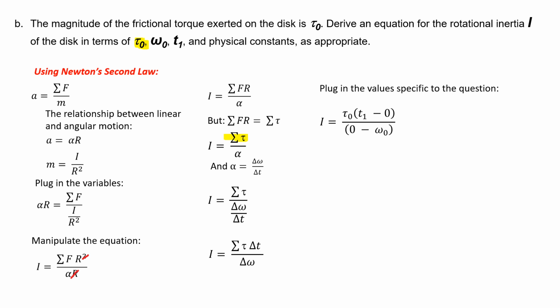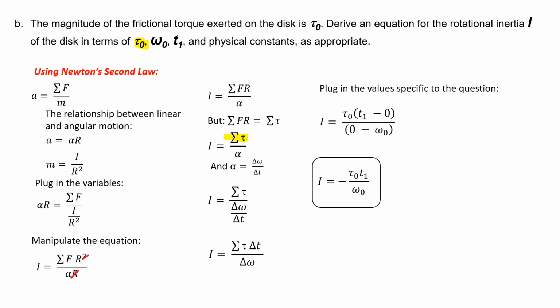For time, t sub 1 minus 0, because the final time is t sub 1 and the initial time starts from 0. Now for our angular velocity, we end at 0 and we start at omega sub naught. So we all know that the difference between these two is negative, so we have a value that is negative. So that's the first solution.